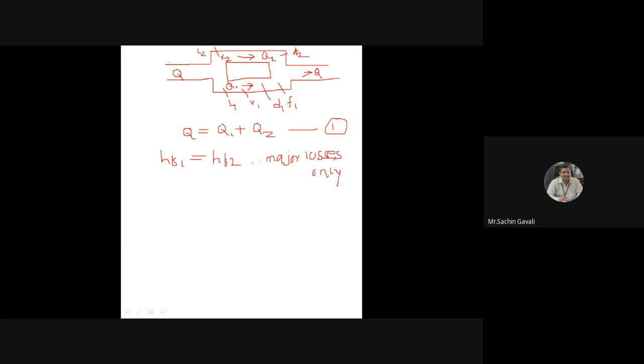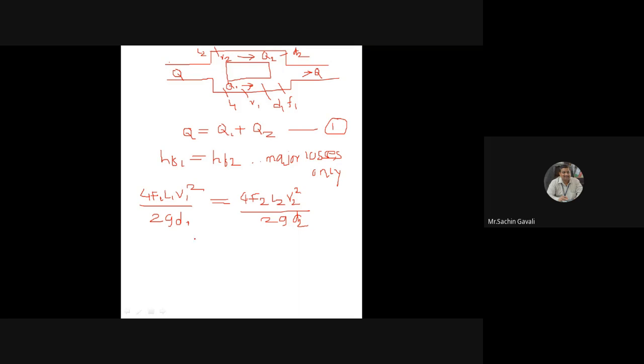So 4 F1 L1 V1 square divided by 2G D1 is equal to 4 F2 L2 V2 square divided by 2G D2.